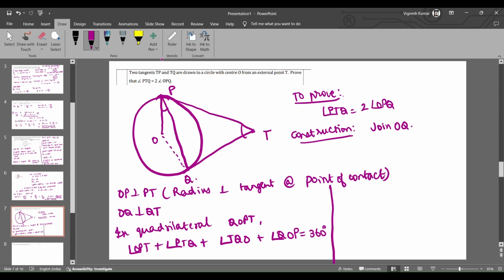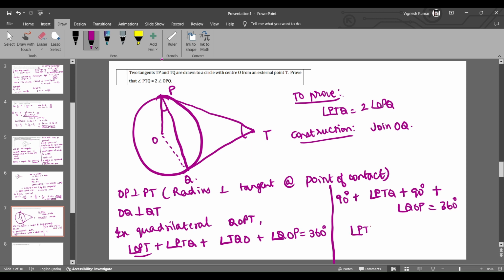And we know two of these angles are 90 degrees. Since OP is perpendicular to PT, angle OPT will be 90 degrees. 90 degrees plus angle PTQ, we don't know about it, plus angle TQO. Since OQ is perpendicular to QT, angle TQO will also be 90 degrees, plus angle QOP, we have no idea about it, equal to 360 degrees.